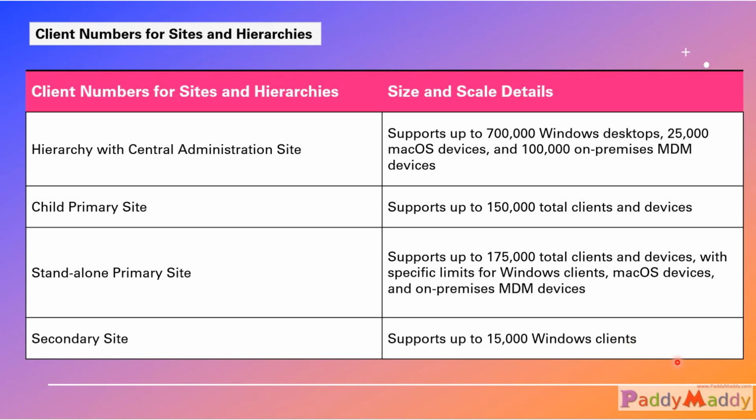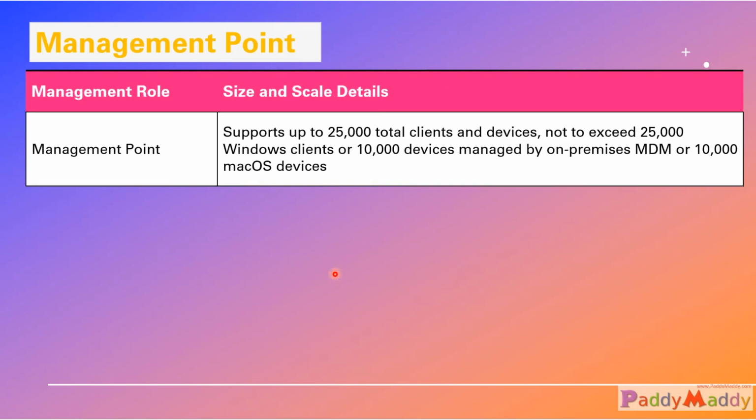Now let's move to the next slide, the management point view, which covers only the role-specific limits. Say you enable a management point role on a primary site, which of course you definitely would.